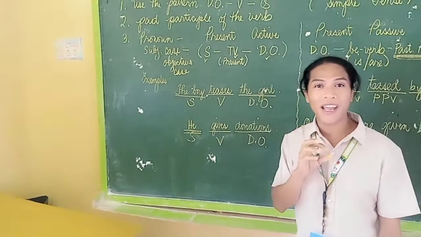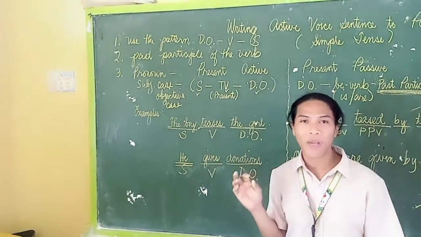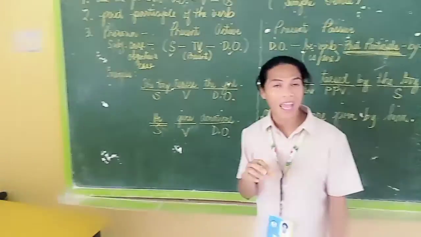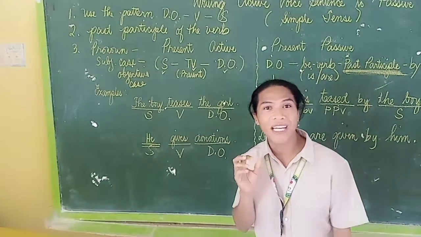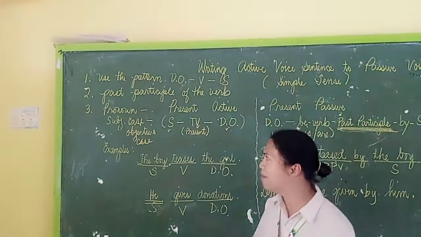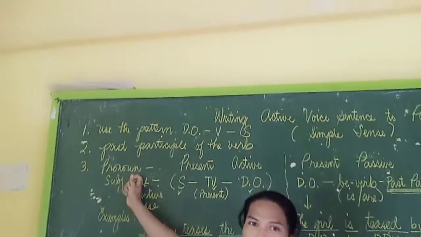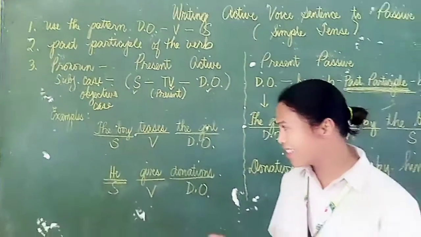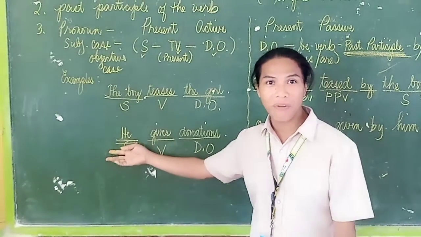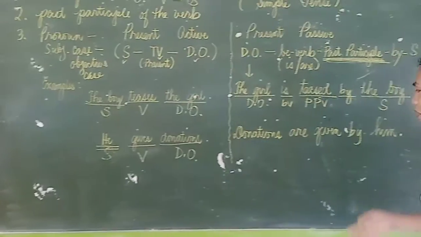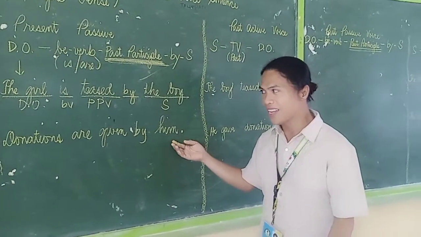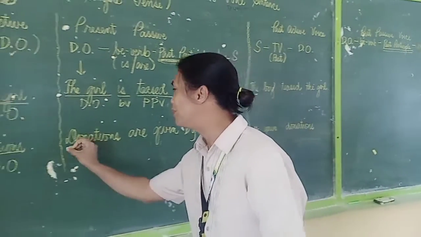You research on the internet or different websites about the past and past participle of regular and irregular verb kung hindi pa kakantibo na ulan. Sige. And then, of course, if our subject from the active voice is a pronoun, change the subjective case to objective case. O, atong i-label down.